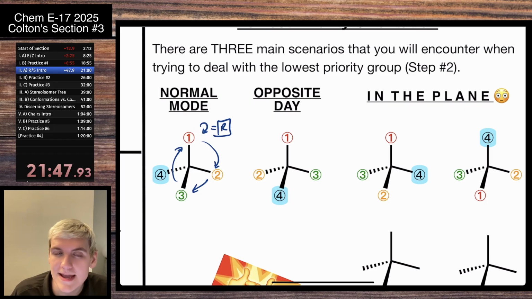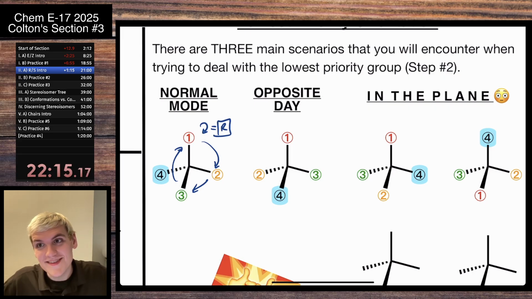Now, the second kind of case that we could have is we could have our 4 coming out of the plane at us instead of going away. In this case, it is the exact opposite of what we want. And so this case is called opposite day. You can prove it to yourself that this works, but I really just like being like, oh, it's the opposite of what I want, so I guess it's opposite day.